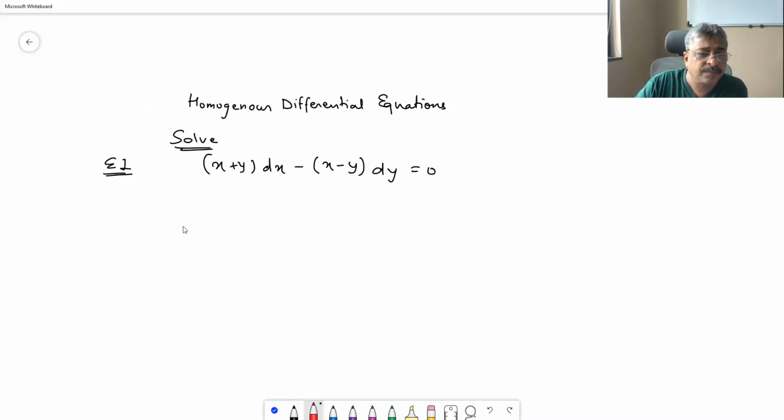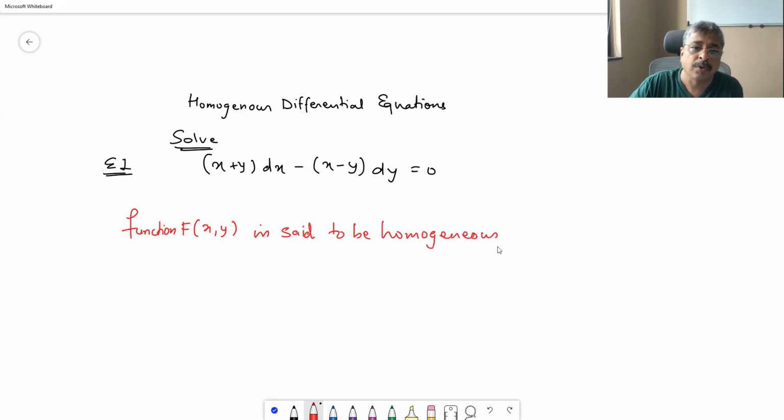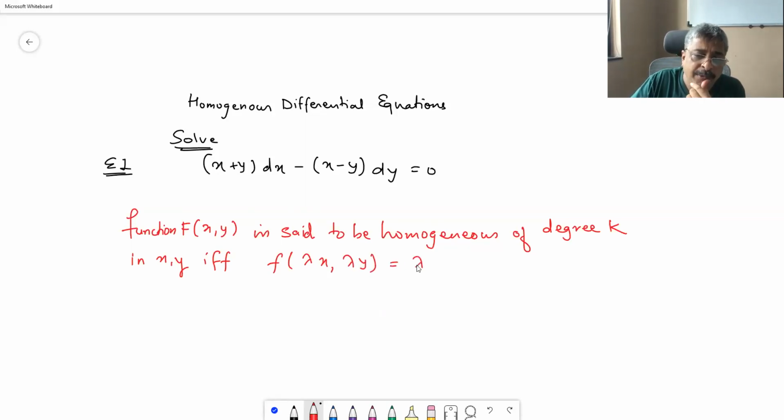A function f of x comma y is said to be homogeneous of degree k in x and y if and only if f of lambda x comma lambda y is equal to lambda raised to k times f of x comma y.